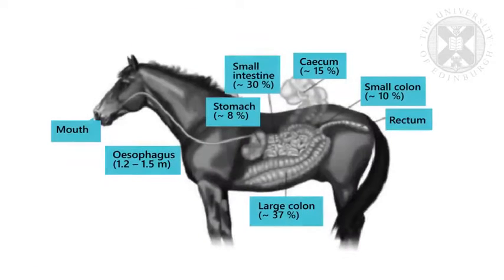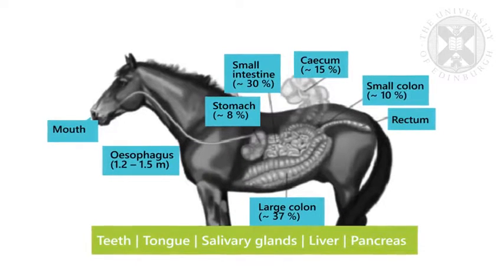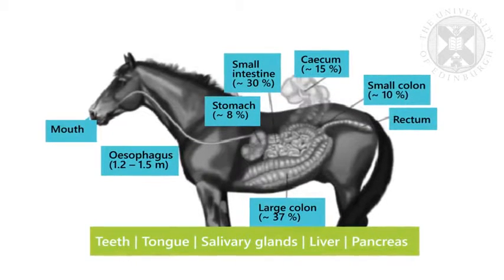When we think about the constituent parts of the gastrointestinal tract, these include the mouth, the pharynx, the esophagus, the stomach, the small intestine, the cecum, the large colon, the small colon, and the rectum. You can see how all of these different parts fit together in the diagram here. There are also associated organs: the teeth, the tongue, the salivary glands, the liver, and the pancreas.